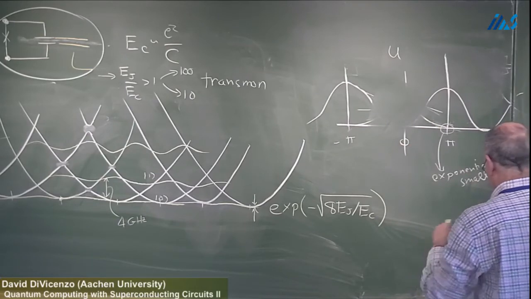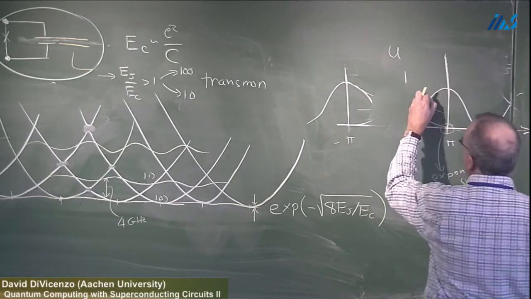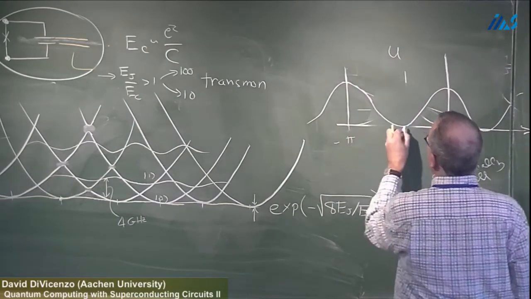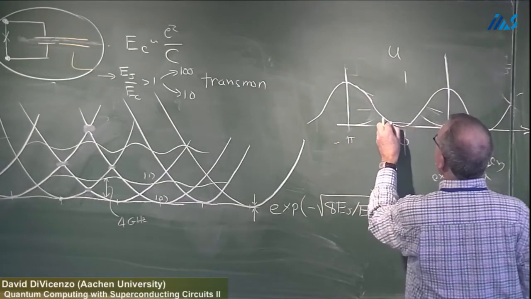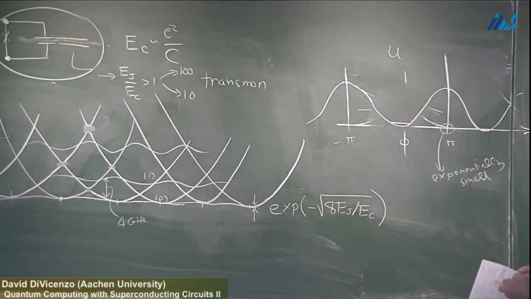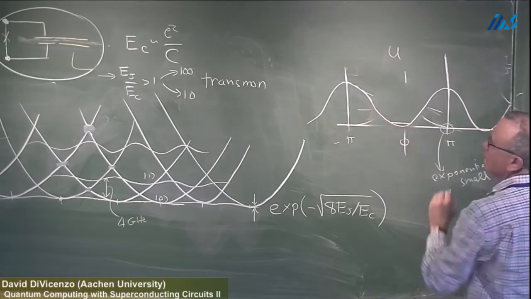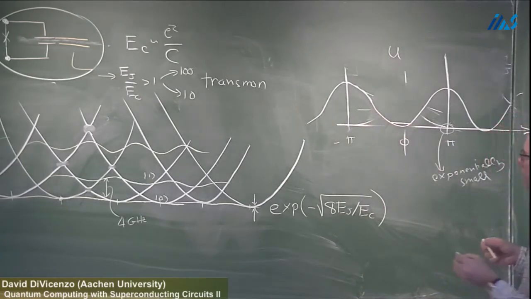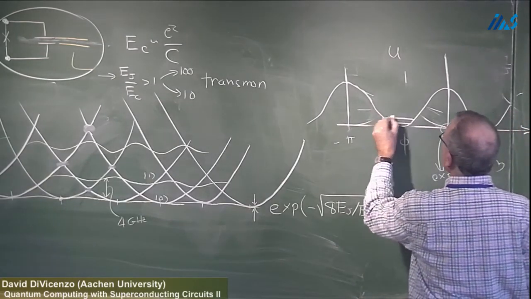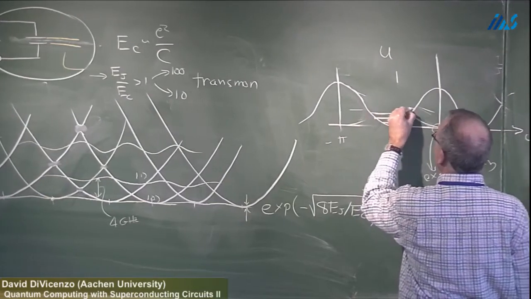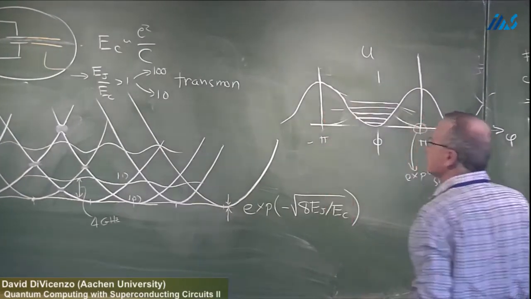Let me explain that by just using this sketch. Let's say I've tuned the parameters so the ground state is here. Clearly, I can expand the cosine potential, and if I just stop there, then I would have the simple harmonic oscillator ladder of states.